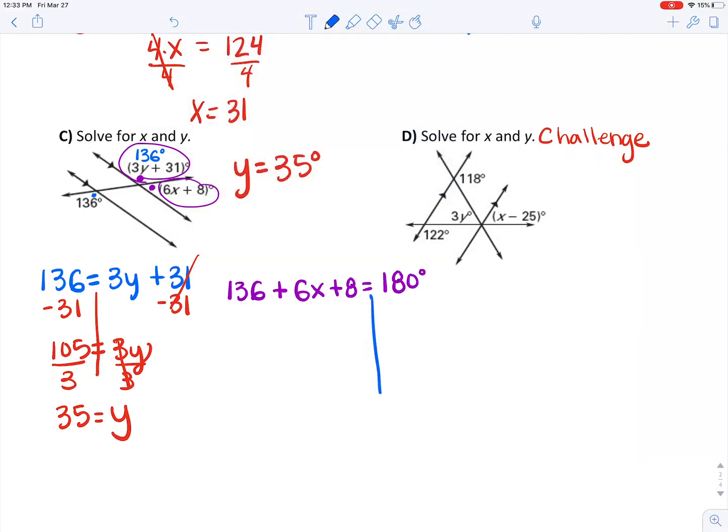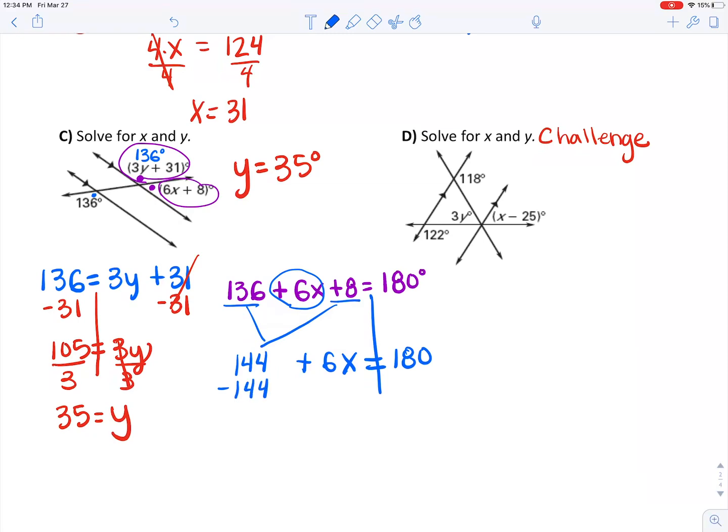Okay, and now I can solve like I normally would. I'm going to find my like terms, and I'm going to solve from there. So 136 plus 8 is 144, plus 6x equals 180 degrees.